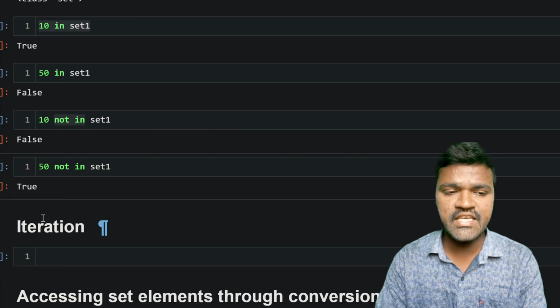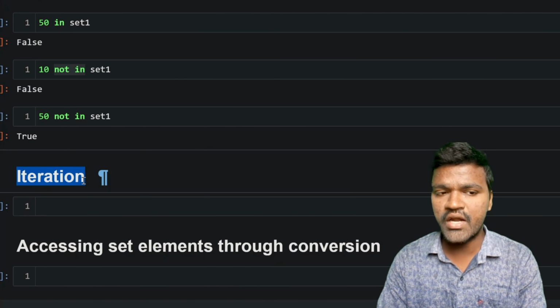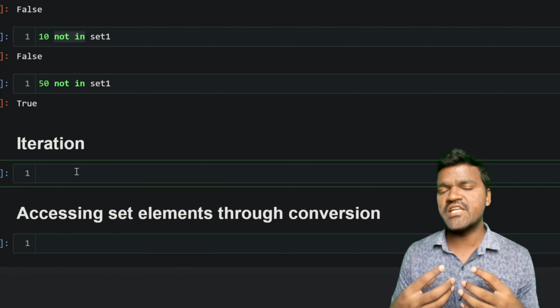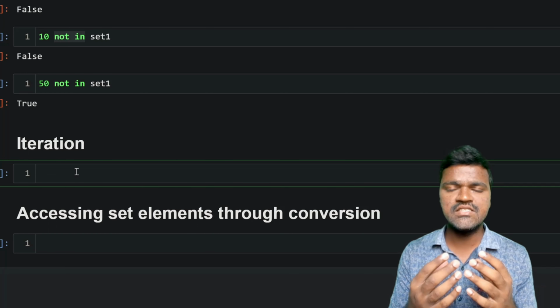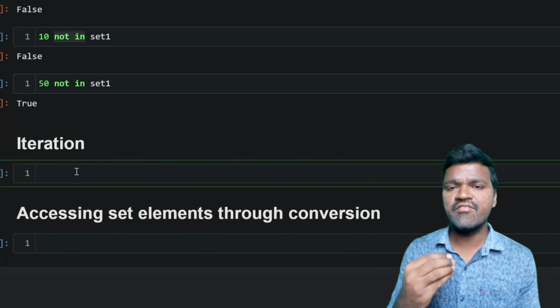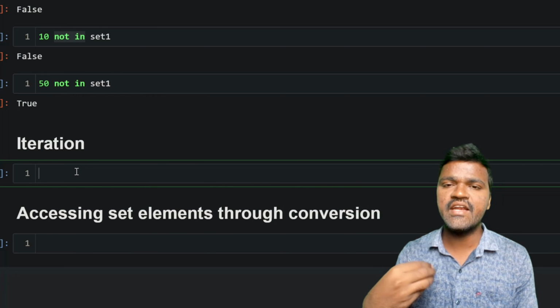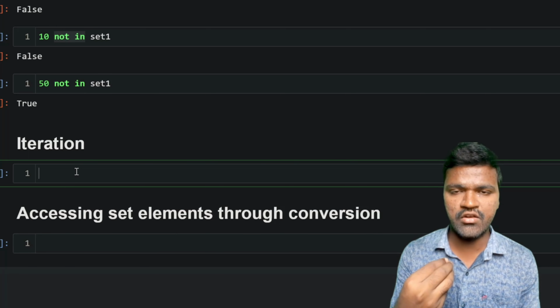Let us go ahead and see one more important concept that we need to understand regarding sets, which is nothing but iteration. Previously, when we discussed ordered collections, let's say lists, tuples, and strings, we could access those elements using indexing, and we could iterate those iterables using for loop and while loop, right?